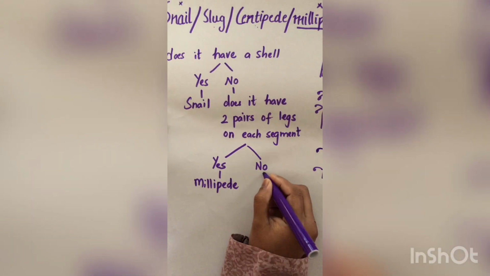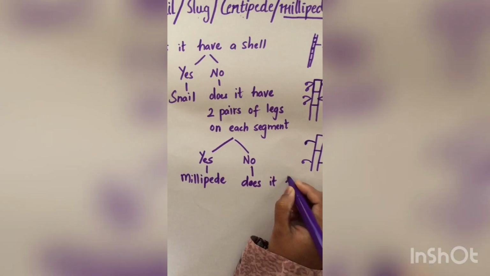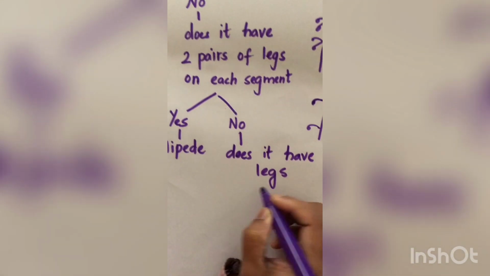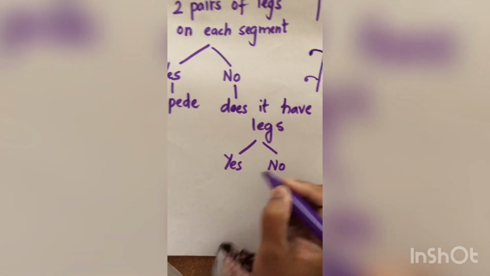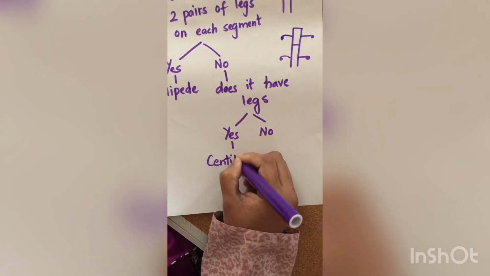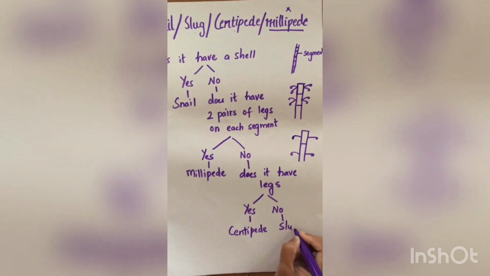So it is also an easy key. So does it have legs? Yes and no. Yes will be centipede and no will be slug.